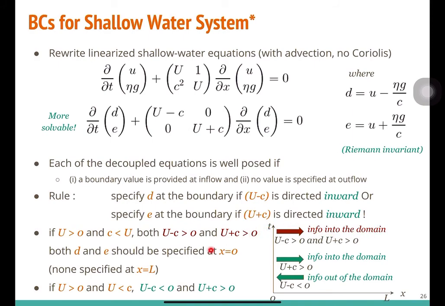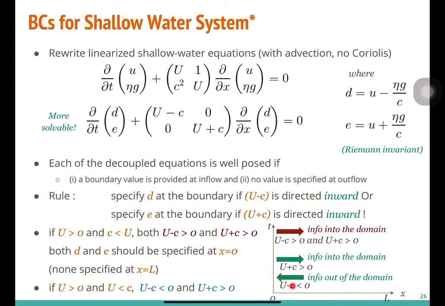In another situation, where the big U is positive and C is larger than U, it's a little bit more complicated. For this dark green situation, U plus C is still larger than 0. U plus C is the affection of the variable E, which means that E is inflowing in the left boundary.